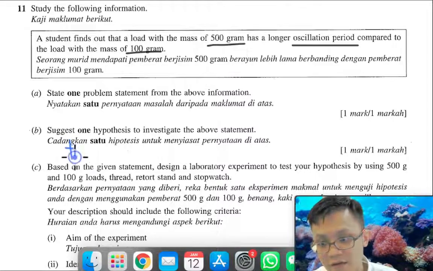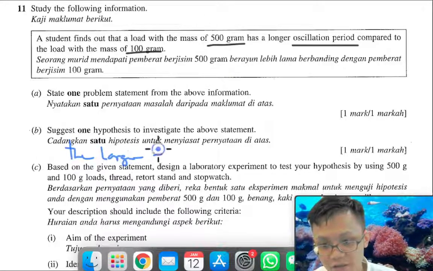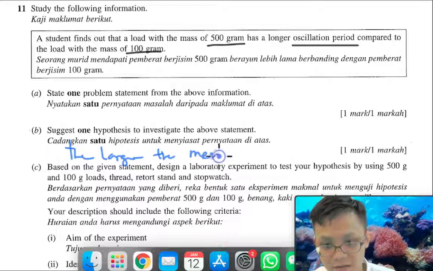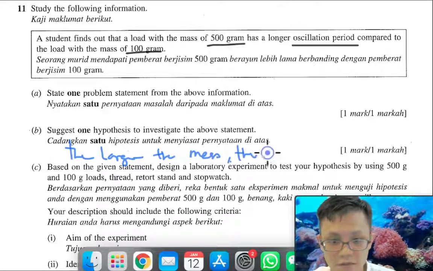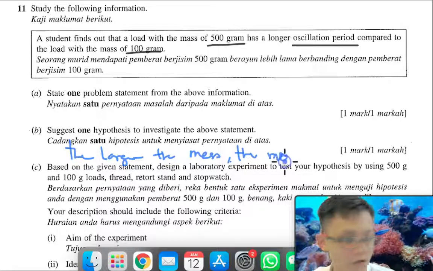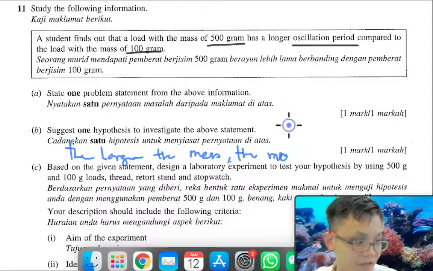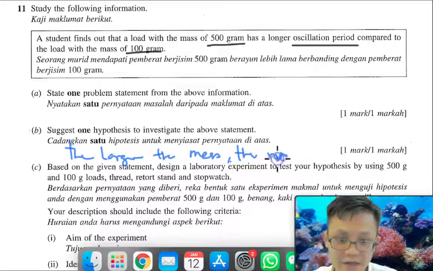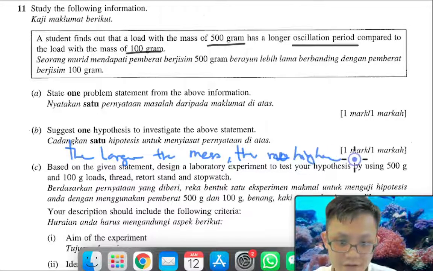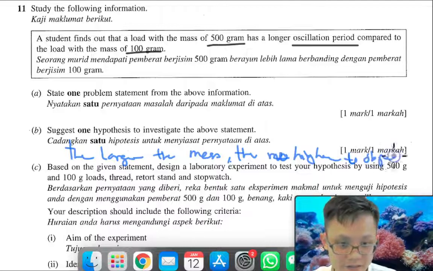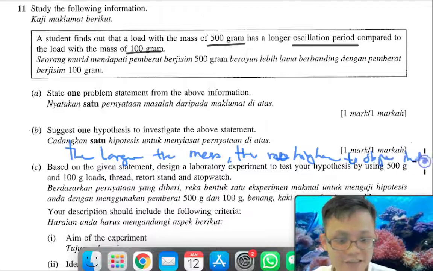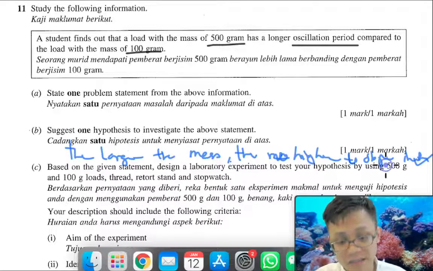Okay, the larger the mass, the higher the object inertia. And this is correct because this is according to the marking scheme.